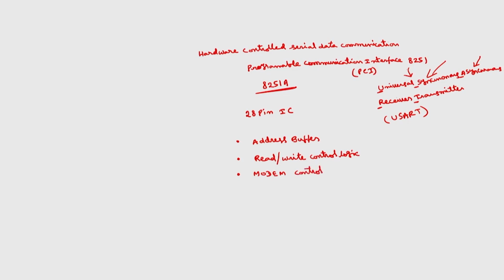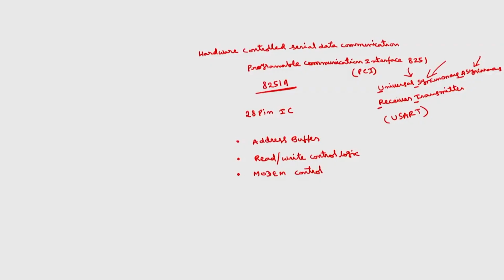so we know that in case of transmission of digital data over telephone lines, we require a modem. So, this will have some modem control signals. Then we have transmitter control, receiver control.